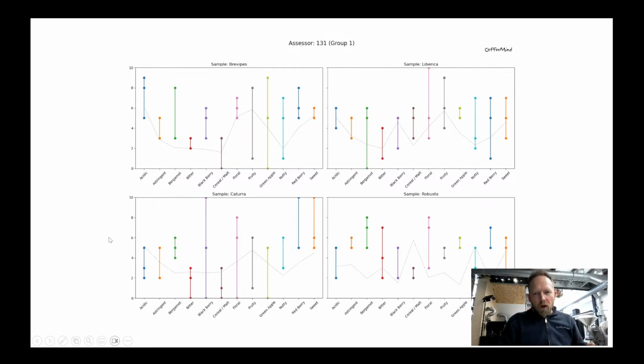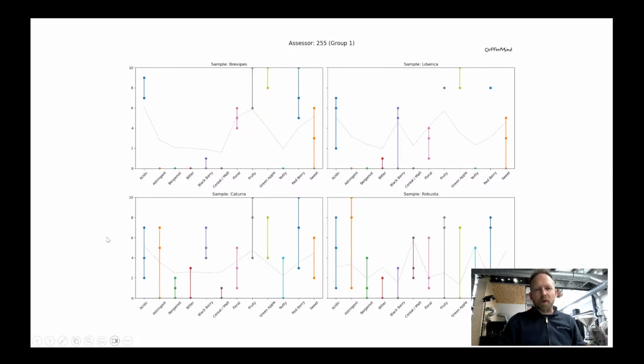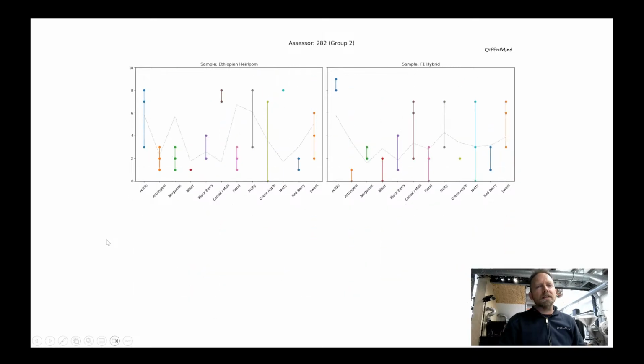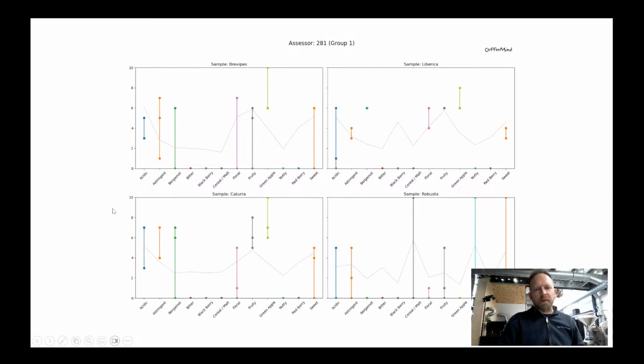And this is per assessor, per sample. So you can see we have a huge data set on how well each assessor was consistent, but you can also see the panel average here is the gray dot. So we've got all the data about the individuals and also about the panel.